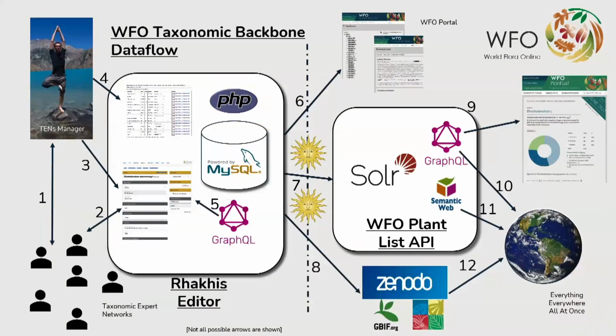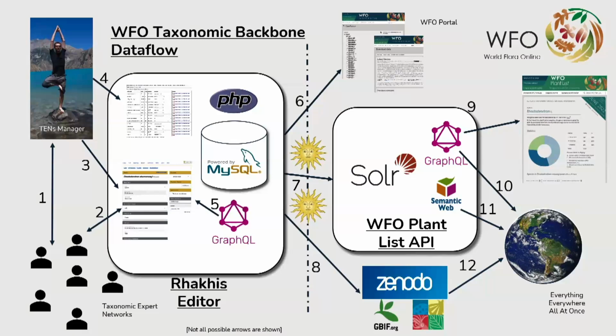So, putting it all together, the TEN manager and the TENs are continually updating the taxonomic backbone in Rachis. This backbone is used to attach all of the descriptive content in the WFO portal to create the species pages.